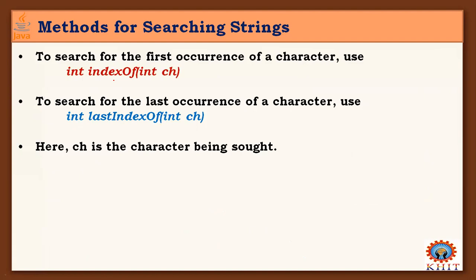These are the general forms of these methods. The indexOf method takes an integer, and so does lastIndexOf. The first gives the first occurrence, and the other gives the last occurrence of the character.